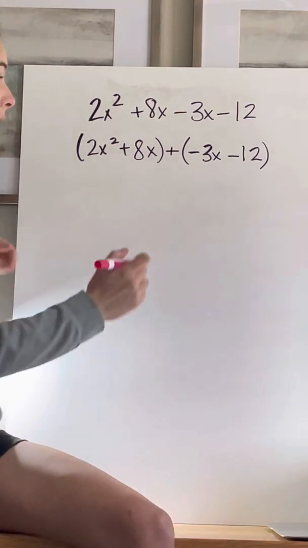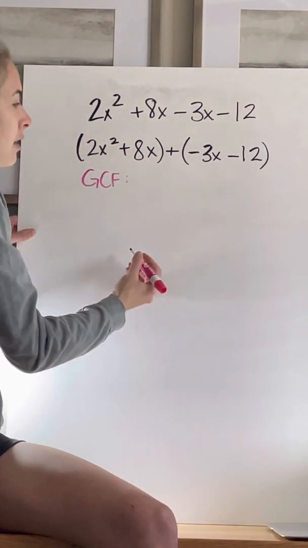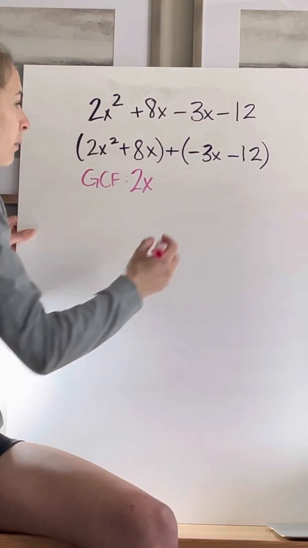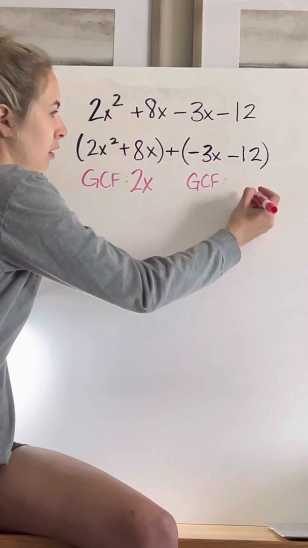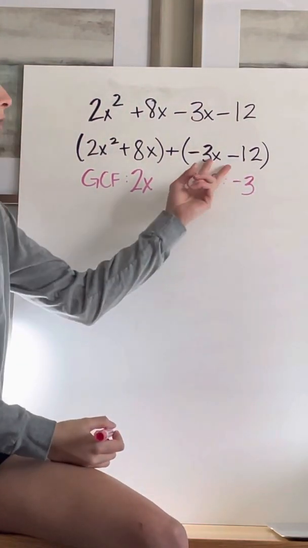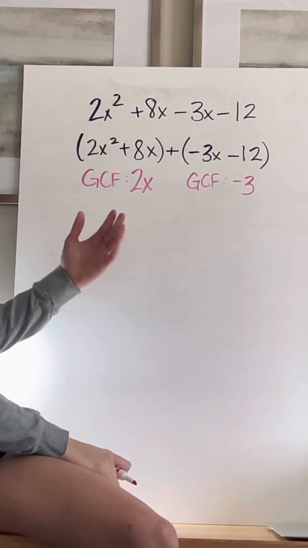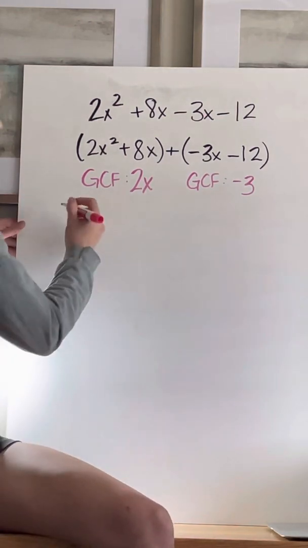Let's find our GCF. GCF is going to be what? 2x. It's our greatest common factor for the first part. For the second part, -3. Again, there's a negative on both terms, so we're going to bring that negative out with the GCF. So we know our two greatest common factors. Let's go ahead and factor those out and see what we get.